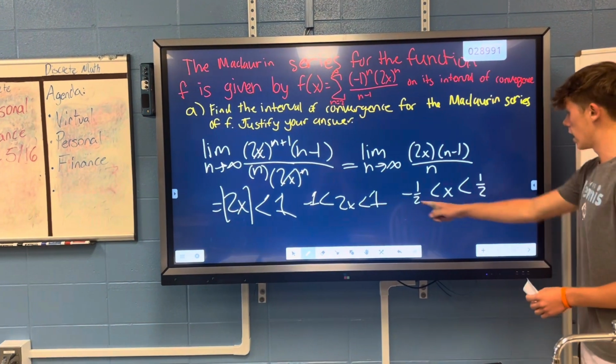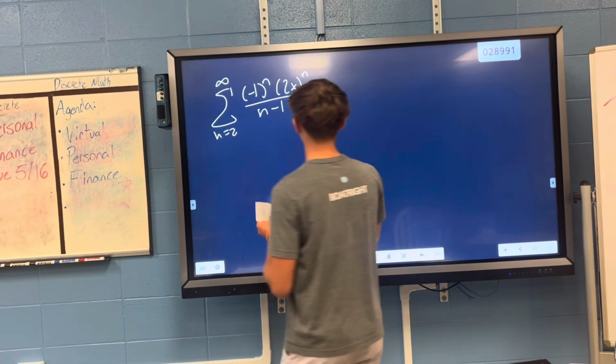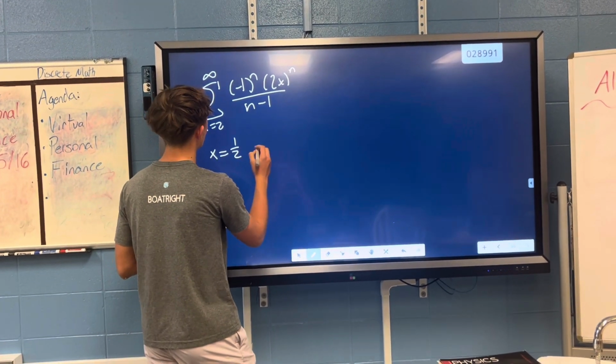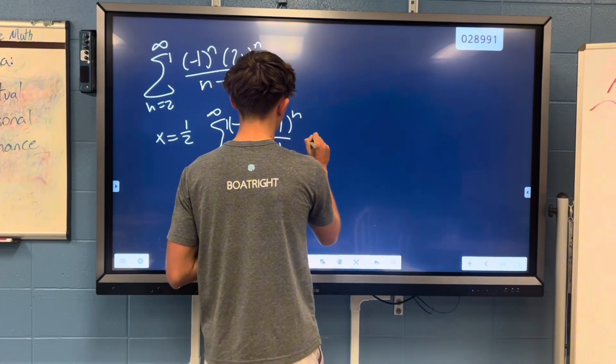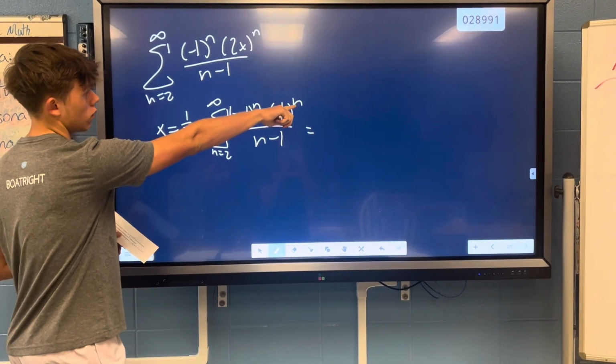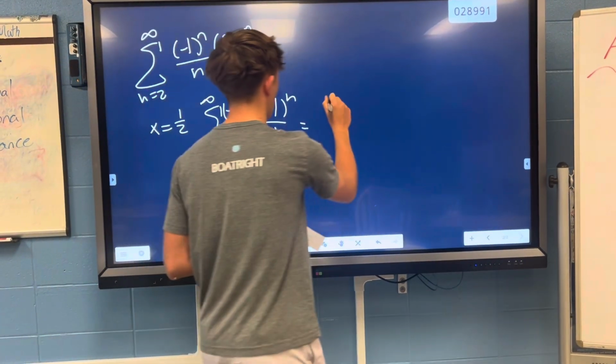So you're going to plug in negative 1/2 and 1/2 into your original series. For when x equals 1/2, to simplify this a little bit, 1 to the n will always just equal 1, so you can just cancel that out because multiplying by this.